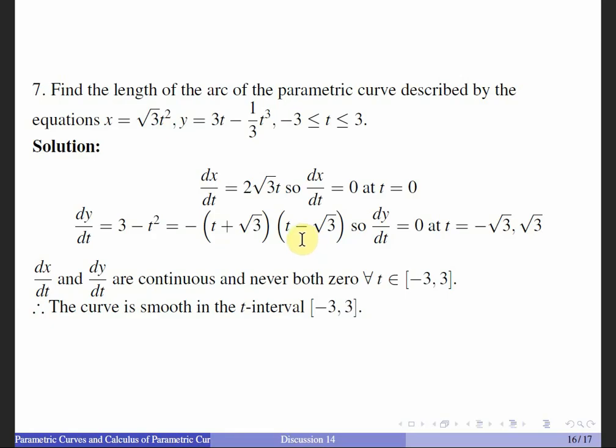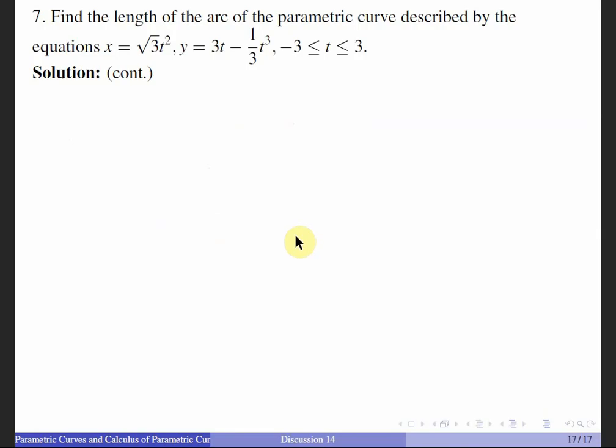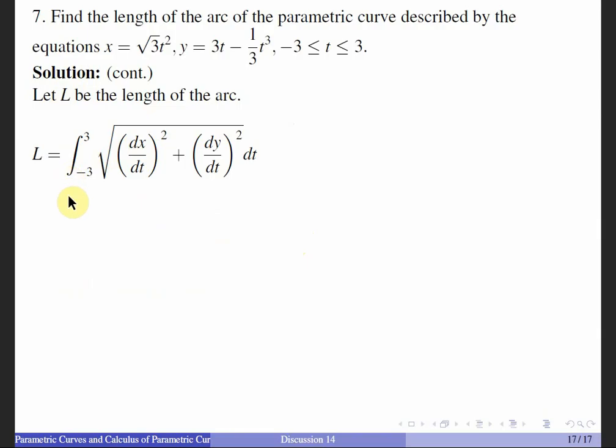Okay, and then let's use the formula for the arc length, and then let's first define L to be the length of the arc. So we have the formula L is equal to the integral of square root of quantity dx over dt squared plus quantity dy over dt squared dt, evaluated from negative 3 to 3. So let's plug in.